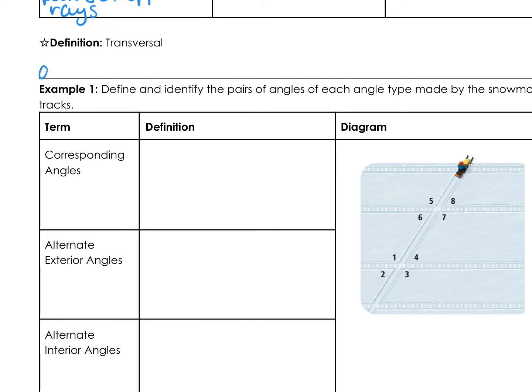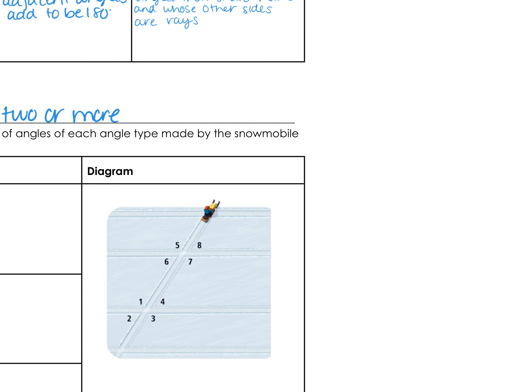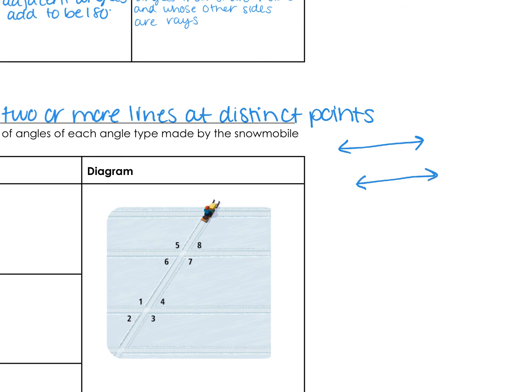And a transversal is a line that, if I have two lines, we'll make them parallel here, I'm going to cut them, and that's called the transversal.